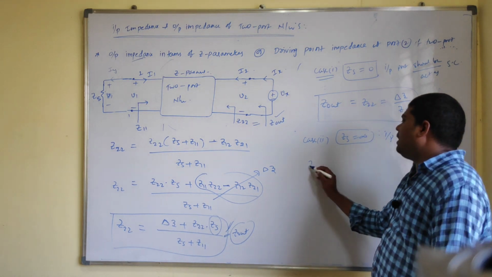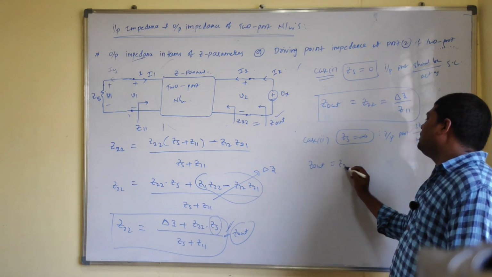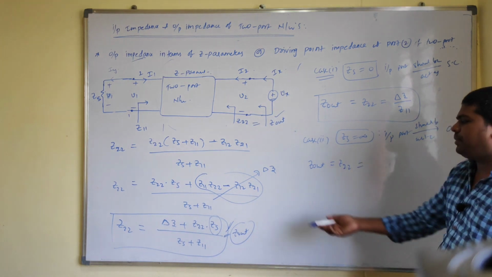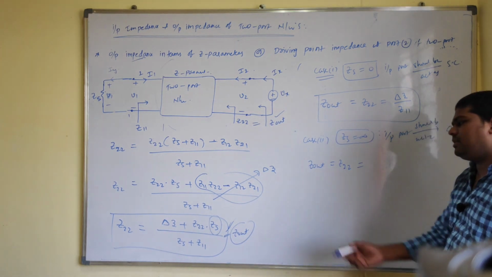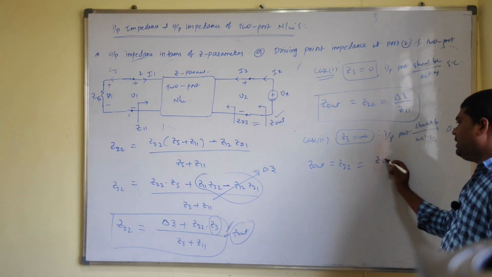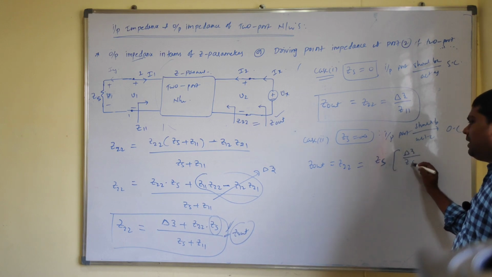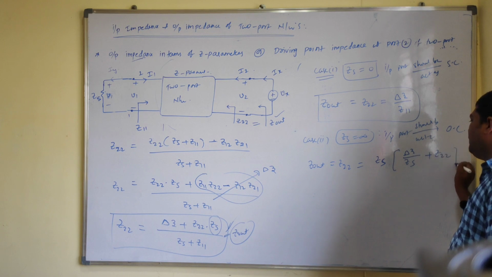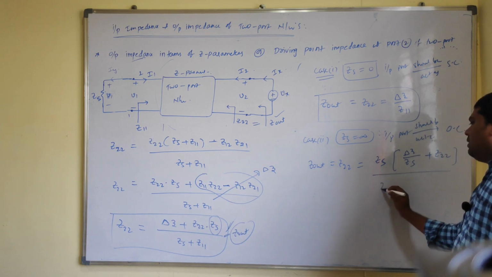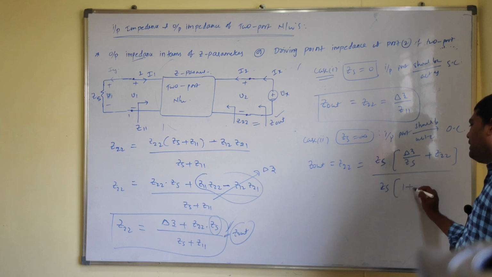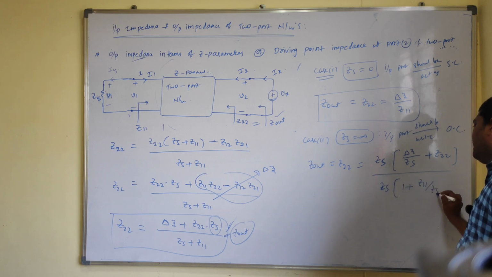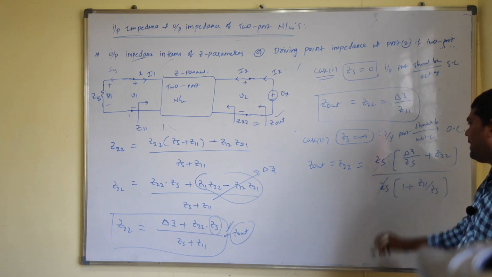Now Zout equals Z22, if you take Zs common, you will get Zs into delta Z by Zs plus Z22 over Zs into 1 plus Z11 by Zs. This one cancels.